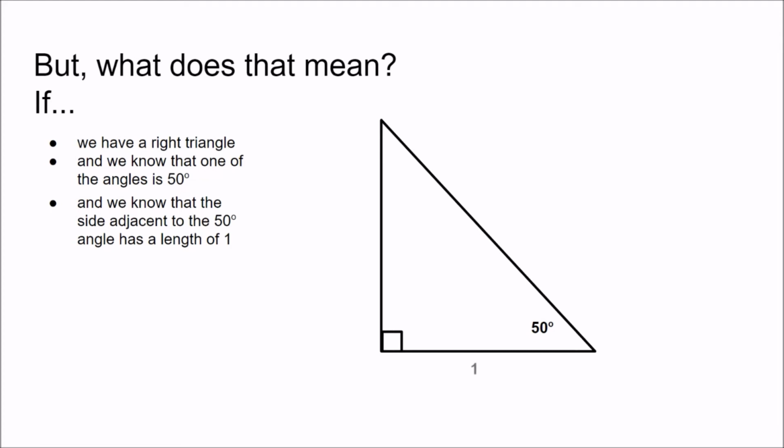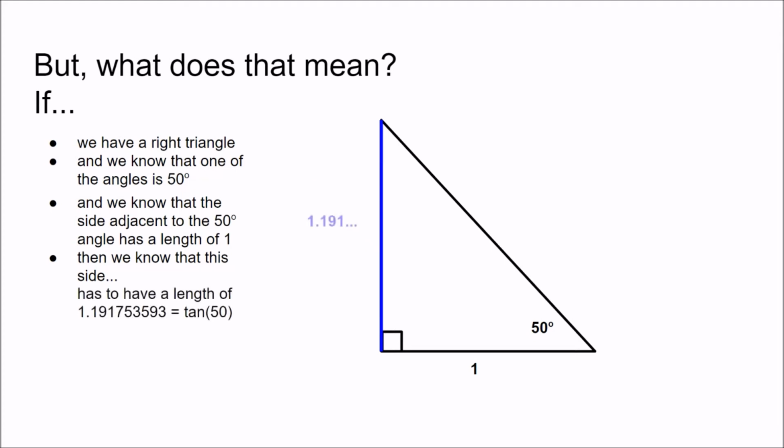What this tan 50 tells us is that this blue side has to have the value that the calculator gives us, 1.19 and on and on. This is a unit rate comparing the opposite of the 50-degree angle to the adjacent side. So that's the tangent, opposite over adjacent.